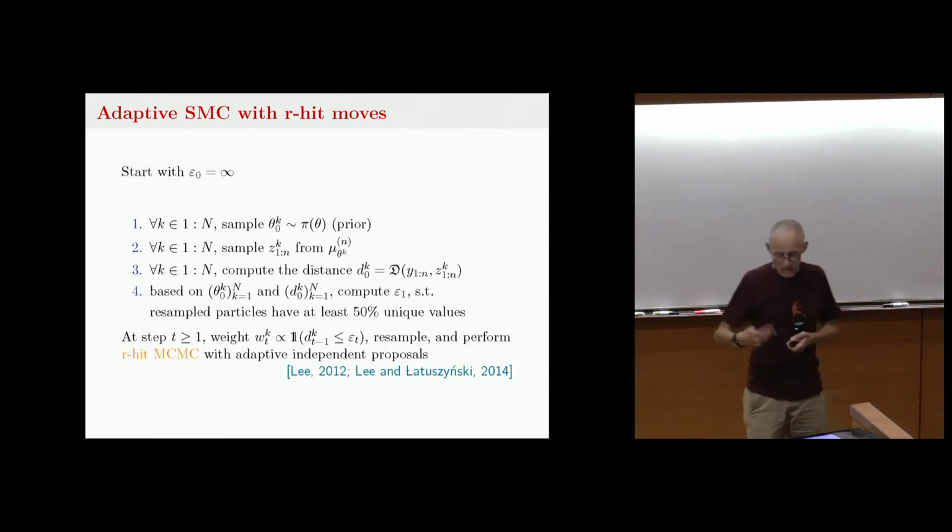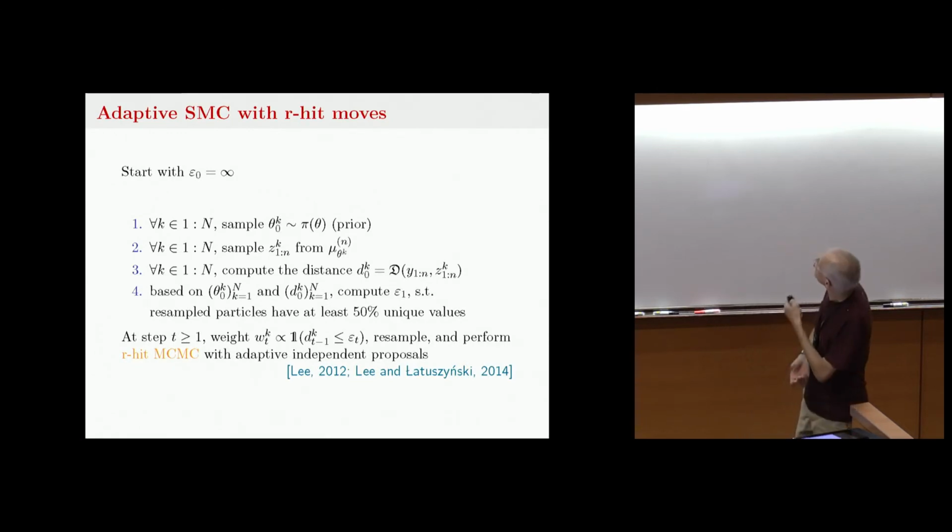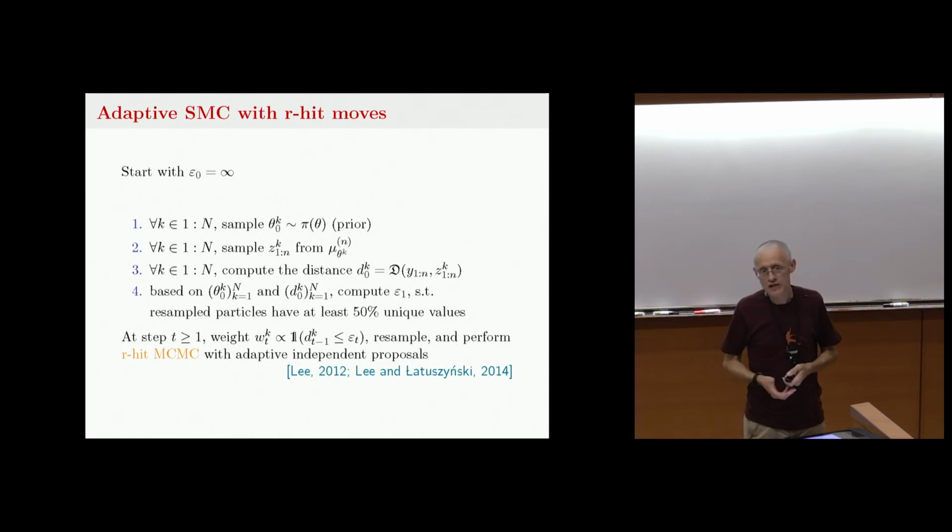And then once we have run enough simulations, we compute an epsilon that is a quantile of all of the simulated distances. So the epsilon is estimated from the simulation.